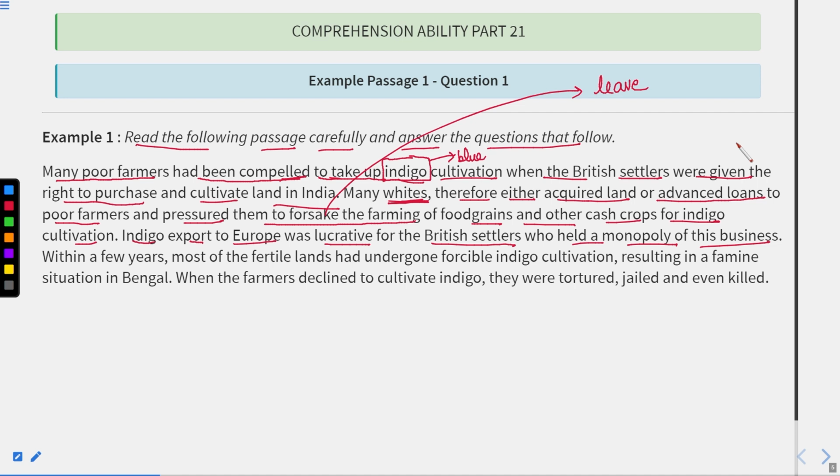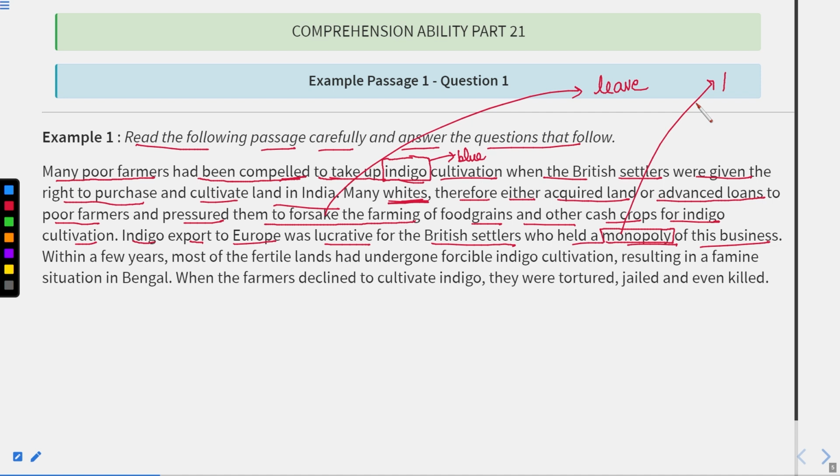Only the British settlers were there to sell or export this indigo in Europe, and they got money from there, so it was really profitable for all of them. Because they had a monopoly, there was no competitor. Monopoly means that when only one person occupies the entire business, there is a monopoly of this business.